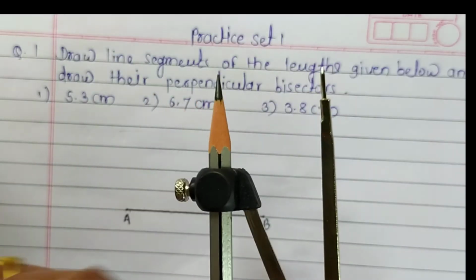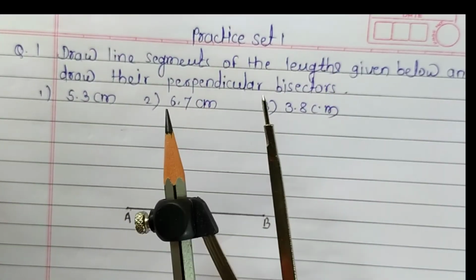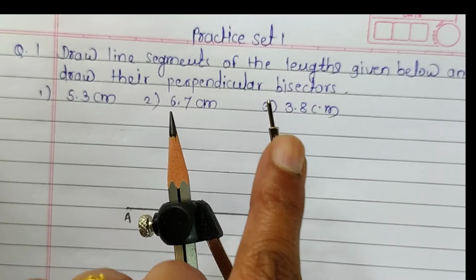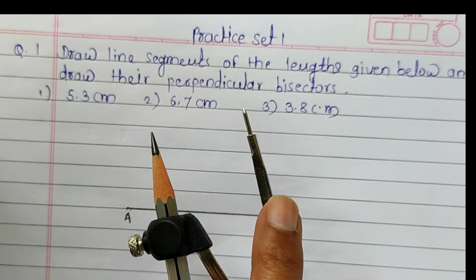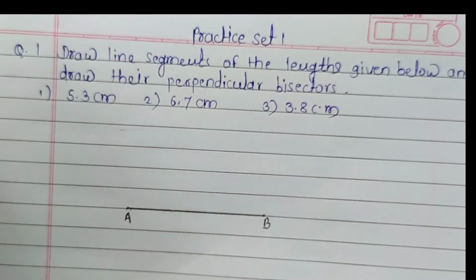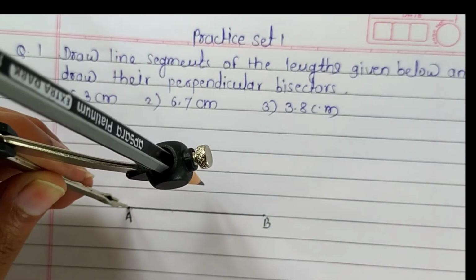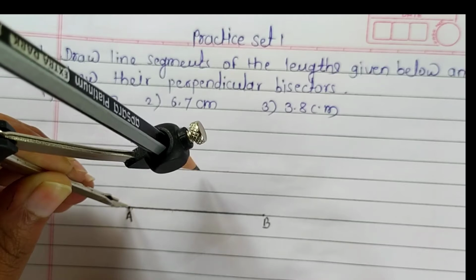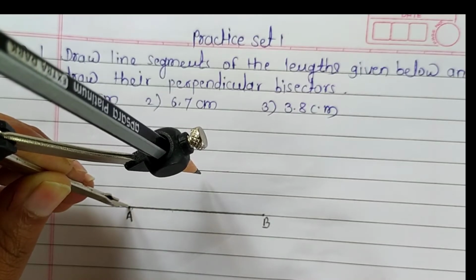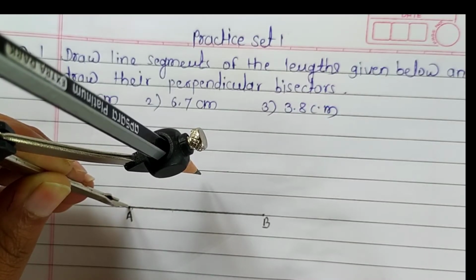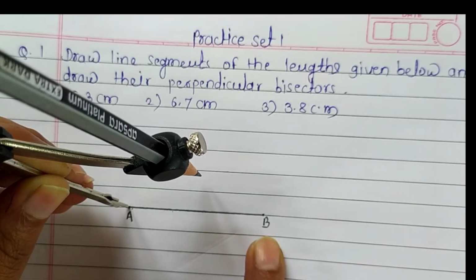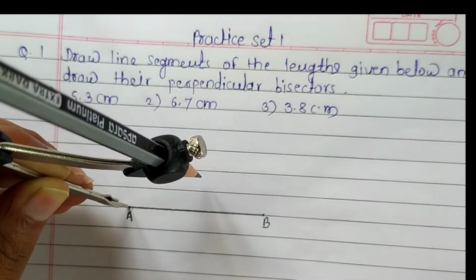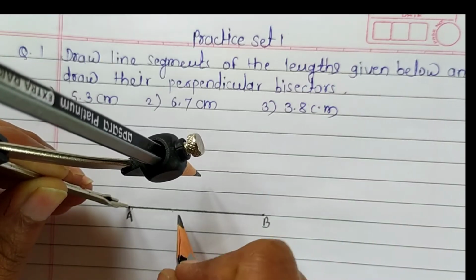This is our compass and this is the metal point of the compass. Place the compass metal point at A, taking a distance greater than half of the length of segment AB. This is our segment AB. The length of segment AB is 5.3 cm.